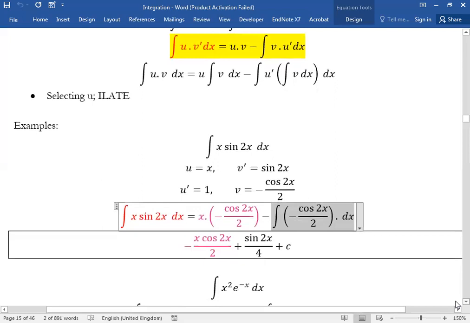Okay, do this one for me, please. Integral of x square e to the power negative x. What will be your u in this particular scenario? X square is your u. And e to the power negative x is your v dash.